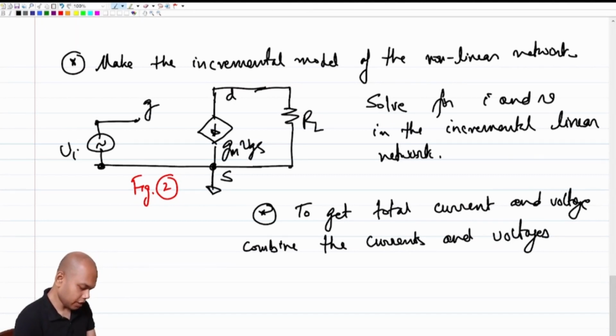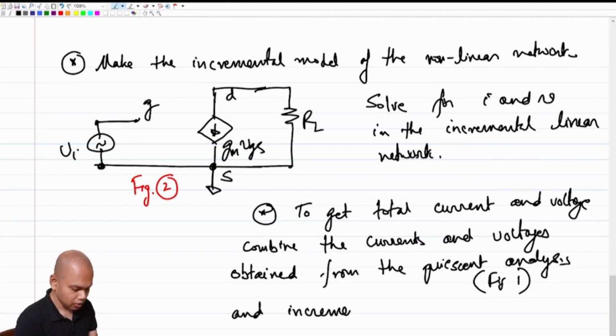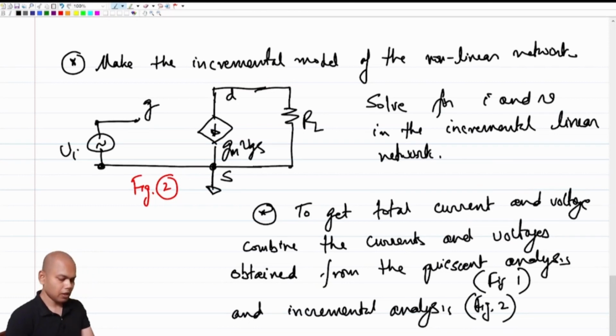Combine the currents and the voltages obtained from the quiescent analysis, which is figure 1, and the incremental analysis, which is figure 2.